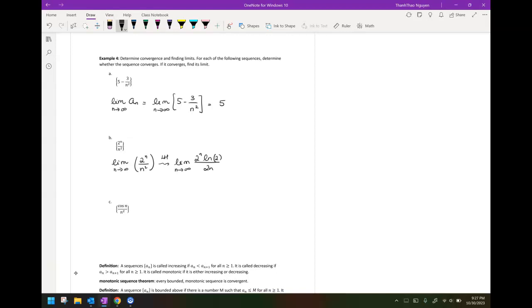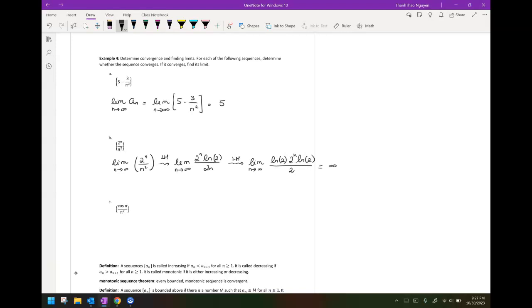Note that we still have infinity divided by infinity, so we do L'Hospital again. The limit as n approaches infinity of ln of 2 times 2 to the n times ln of 2 again, divided by 2.